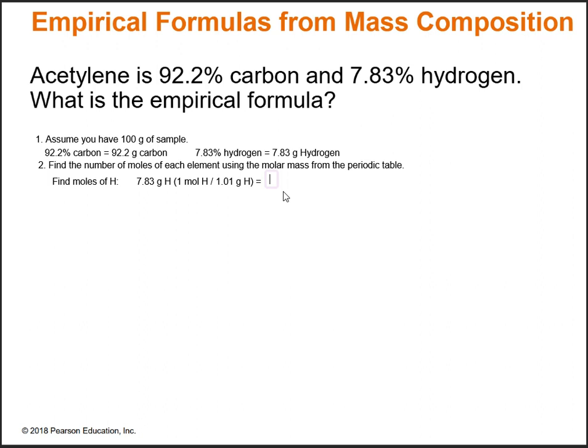So hydrogen should be 7.75, and then for the moles of carbon, we're doing the 92.2 grams of carbon, 1 mole of, you should get 7.68.